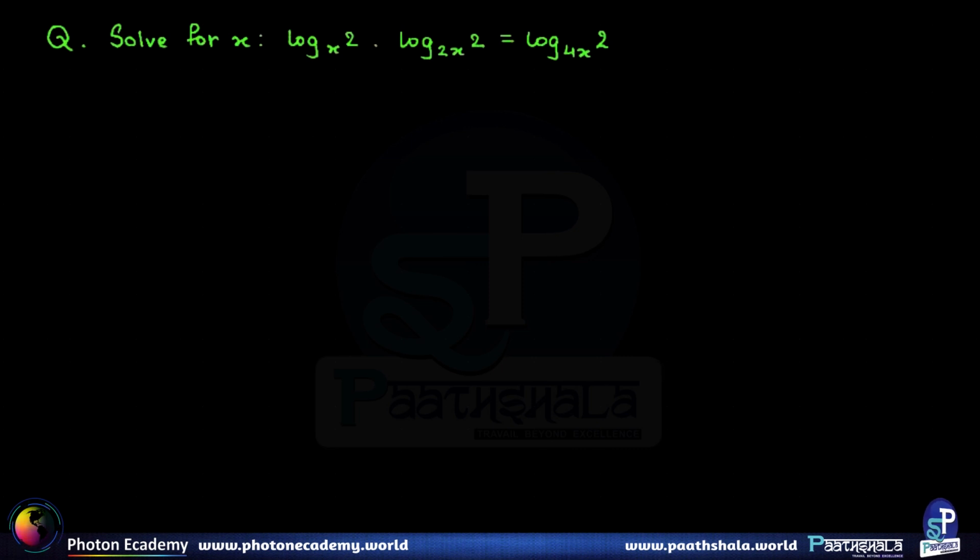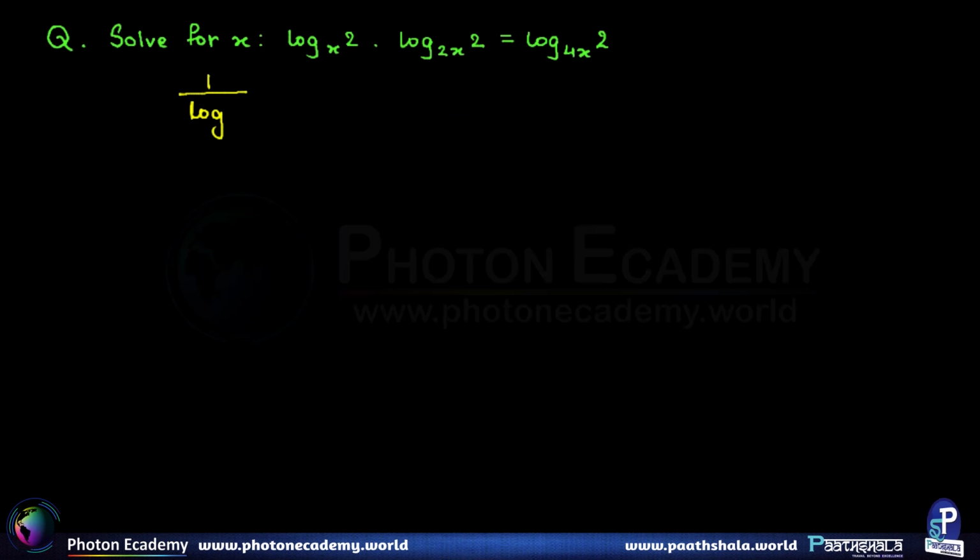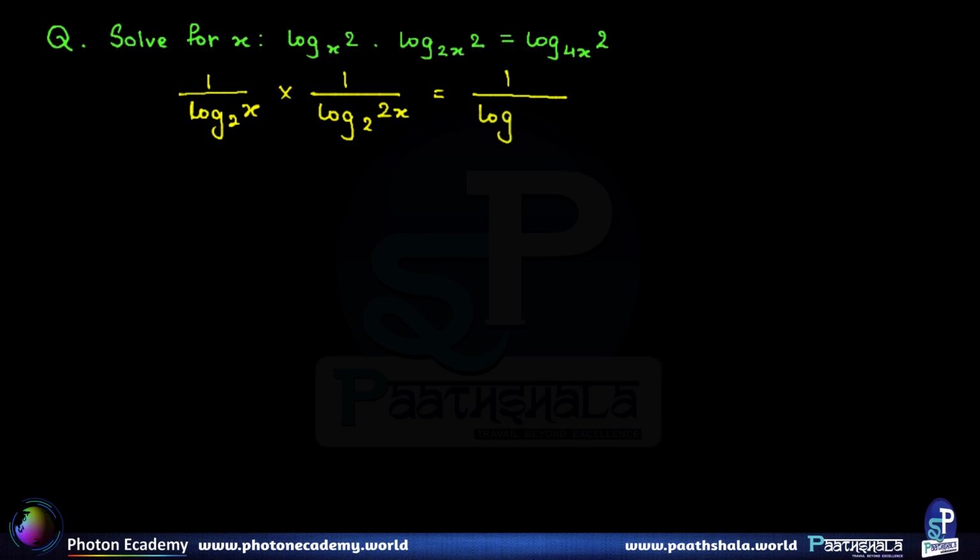So the first thought I have is to convert all the logs to a common base of 2. So let's just take reciprocals. This will be 1 upon log 2x base 2 is equal to 1 upon log 4x base 2.